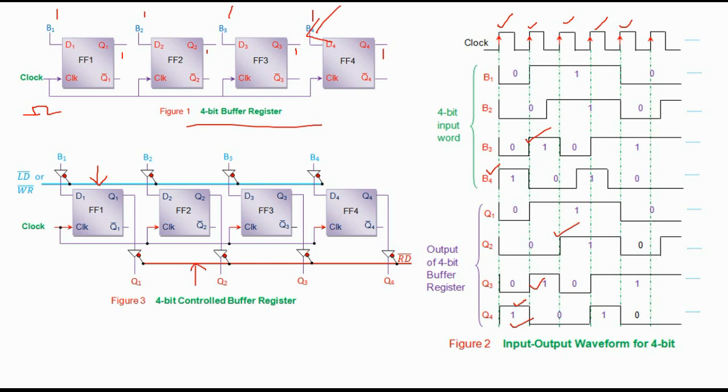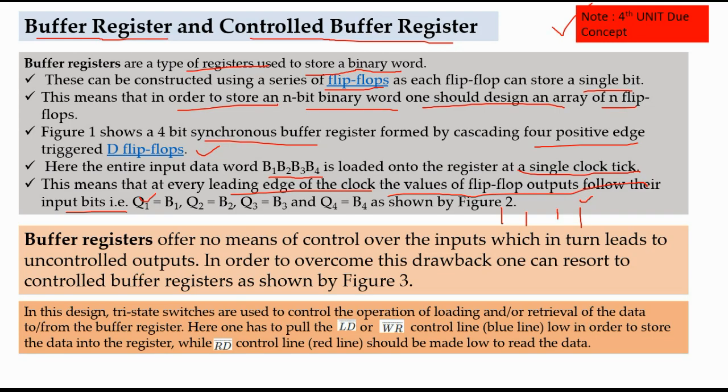This is the additional arrangement in the 4-bit controlled buffer. Buffer registers offer no means of control over the inputs, which in turn leads to uncontrolled output. In order to overcome this drawback, one can resort to the control buffer concept.